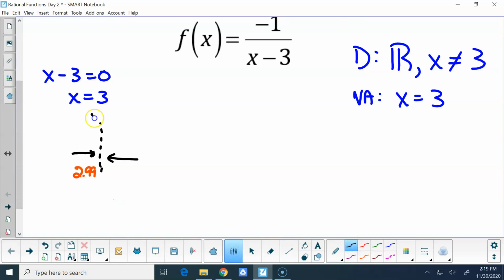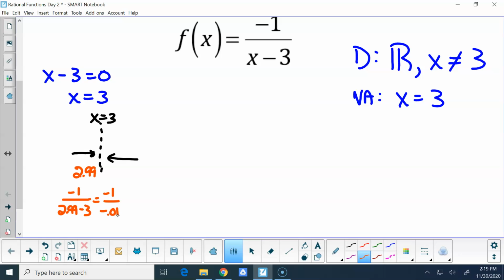This up top, because then we can say, well, negative 1 divided by 2.99 minus 3 is going to be negative 1 over negative 0.01. Negative divided by a negative is positive. I've got a number divided by a small number.